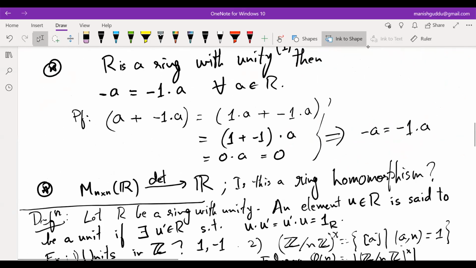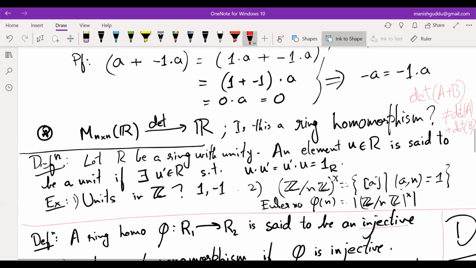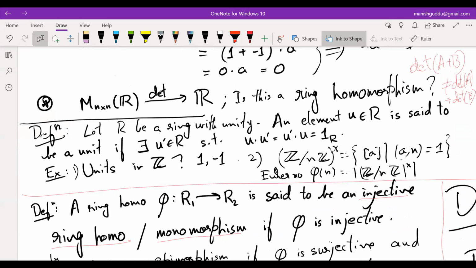Now the determinant map is not a ring homomorphism because the determinant of A plus B is not in general equal to the determinant of A plus the determinant of B. When you have to show determinant is not a ring homomorphism, you should give an explicit example: write a matrix A and matrix B for which it fails.